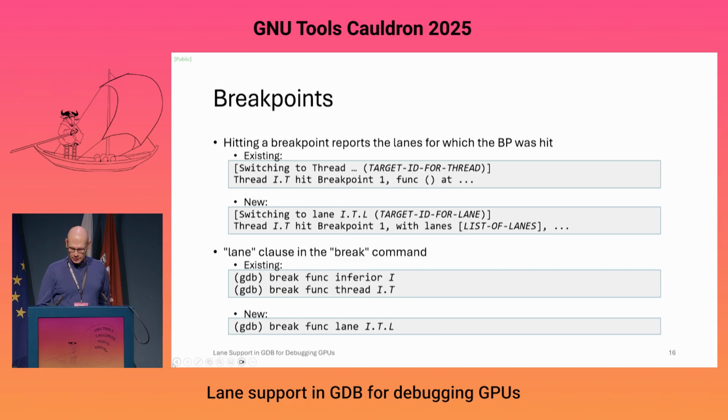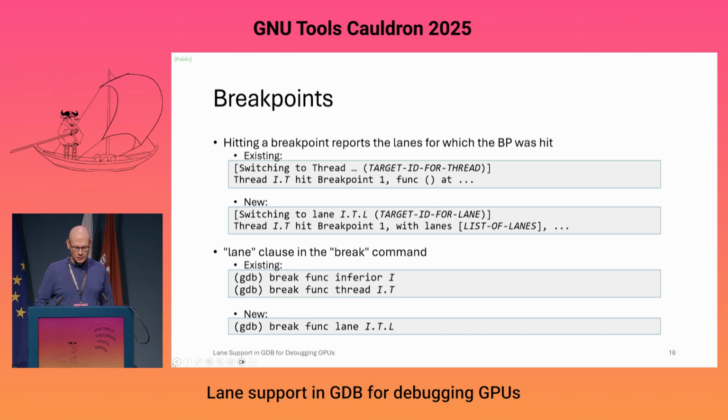But in the second line here, it's again printed that we are switching to a thread. It's because of this lockstep execution. Actually, the thread hits the breakpoint, but then we need to switch to a lane. So you may think of this as all the set of lanes actually hitting the breakpoint all together.